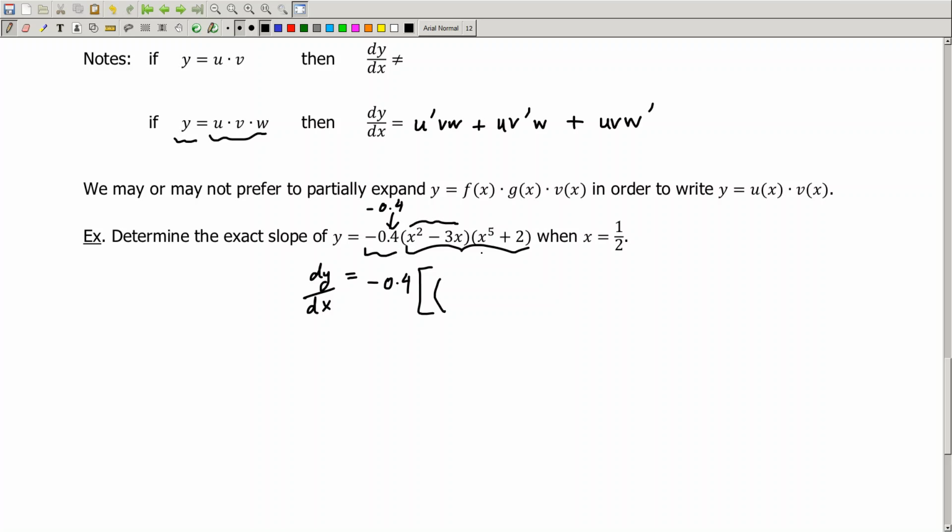If I apply the power rule on x squared minus 3x, I end up getting 2x minus 3. And I want you to keep x to the 5 plus 2 the exact same. Then add x squared minus 3x and apply the power rule to the second bracket this time. You get 5x to the 4.